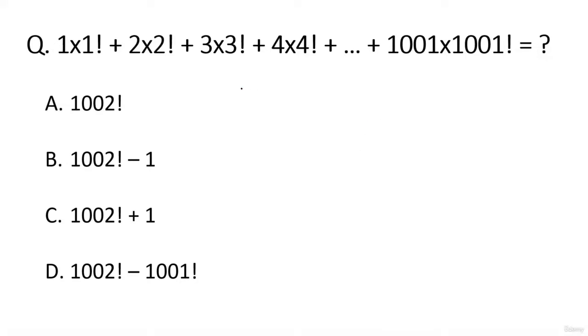Let's say I write 7 into 7 factorial. Can I not write this 7 as 8 minus 1? I can. So it becomes (8 minus 1) into 7 factorial. There is a distributive property in maths, so it will be 8 into 7 factorial minus 1 into 7 factorial.